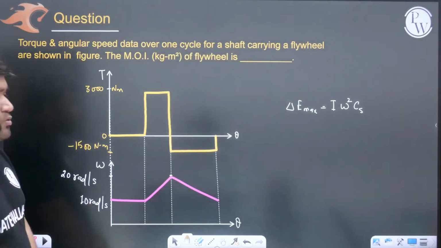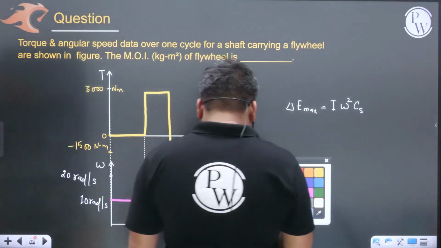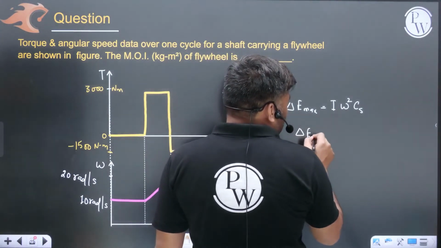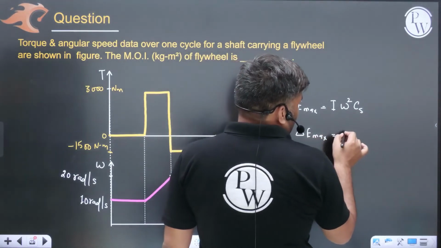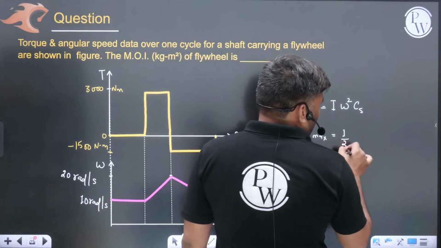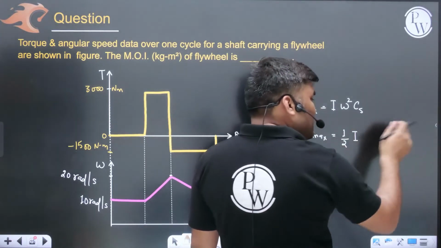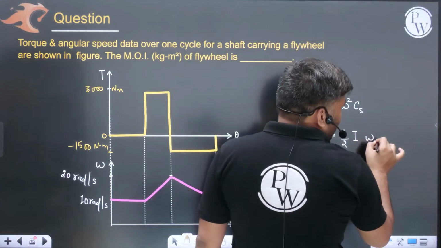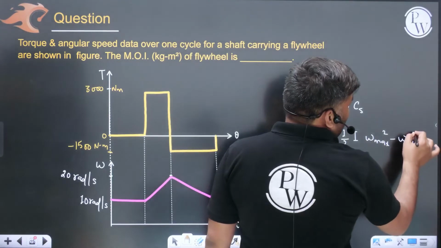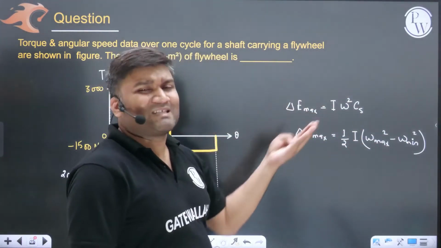Either you can write this, or if somebody wants कि sir ये formula नहीं, I will use delta E max is equal to half I omega maximum square minus half I omega minimum square. Half I कॉमन ले लीजिए, omega maximum square minus omega minimum square. Sir, I want to use this formula. No problem, but use कर लो. Both these formulas are same, yaar.